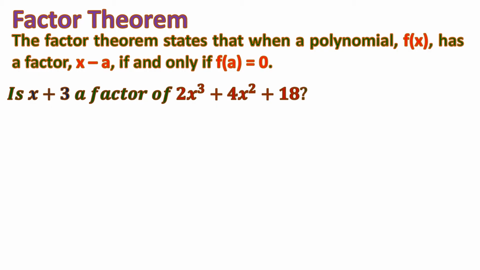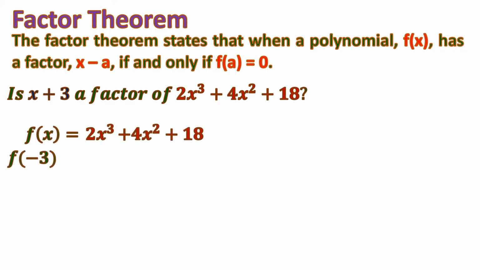Now we're going to use the factor theorem to solve this. What is the factor theorem saying? It says that if you have this f of x, and you change the x to the a, you might wonder why it is negative 3 when the given is x plus 3.